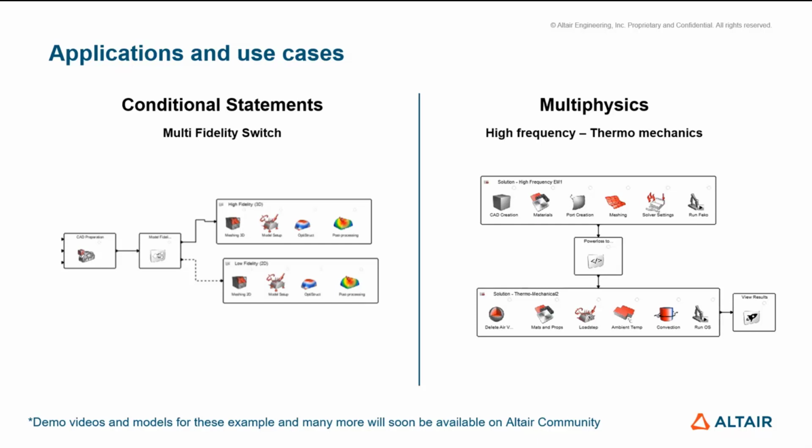And as mentioned earlier, Pulse really allows for streamlining workflows to solve real world problems and not limited to one physics at a time. So in the shown example to the right, we can use a modular approach to run a high frequency solution, either on its own, or it can be coupled together with a thermomechanical solution for a multiphysics simulation.